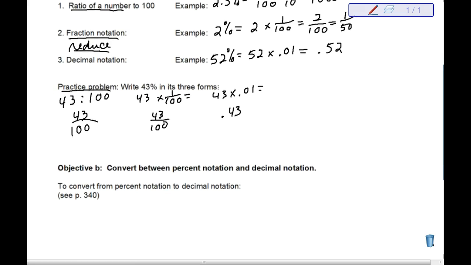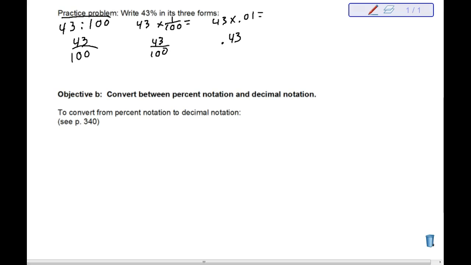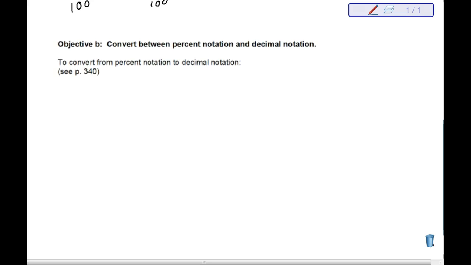The second objective in this section is to convert between percent and decimal notation. They show us on pages 339 and 340 how that works. So you'd want to check those pages. First we'll convert from percents to decimals, and then we can convert from decimals to percent.